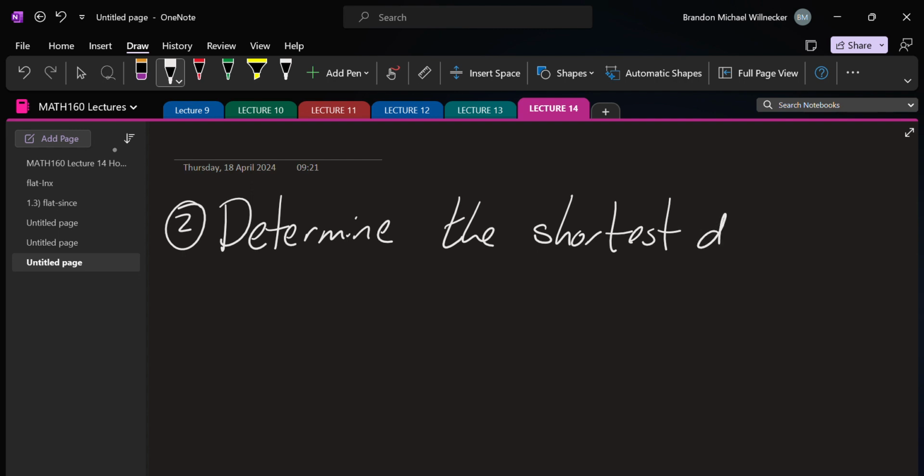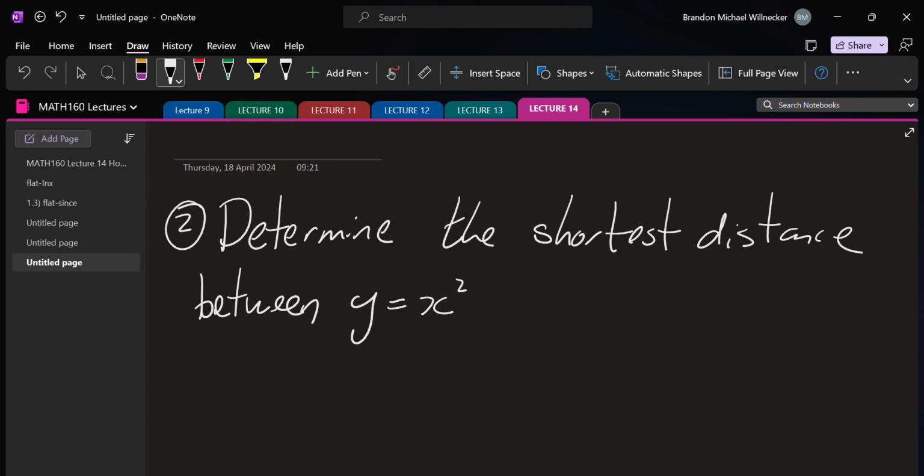Determine the shortest distance between y equals x squared plus 2x and y equals 2x minus 1.